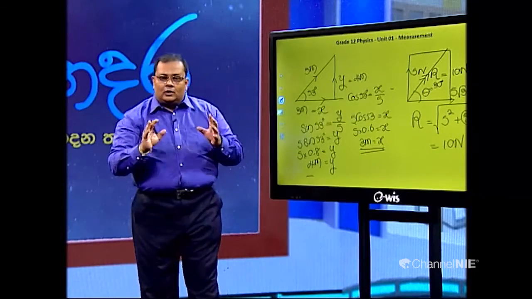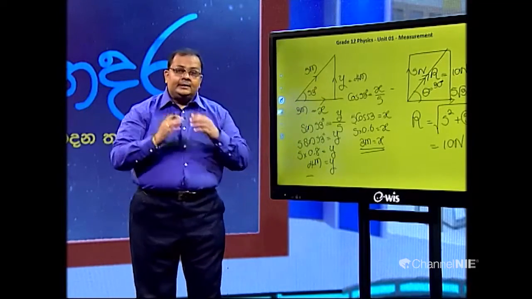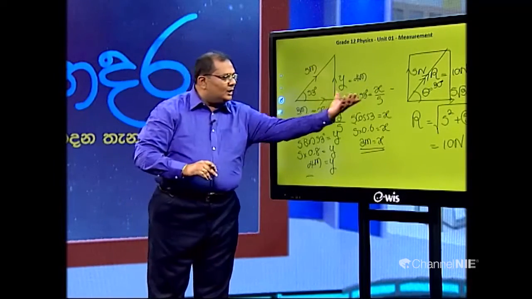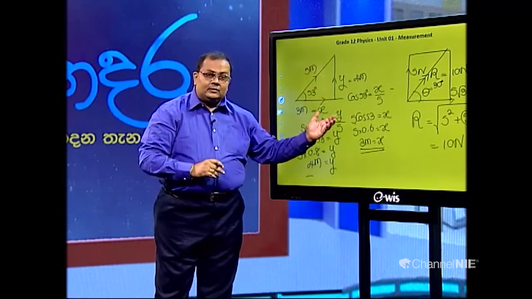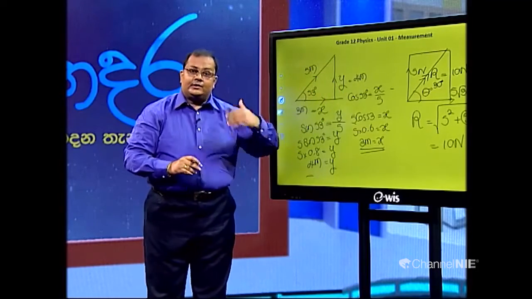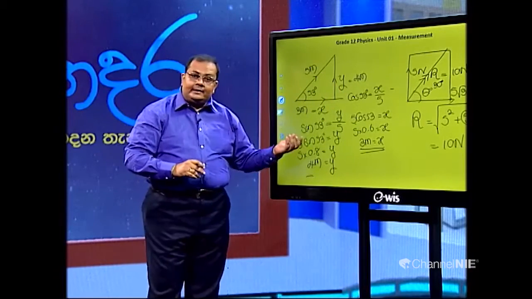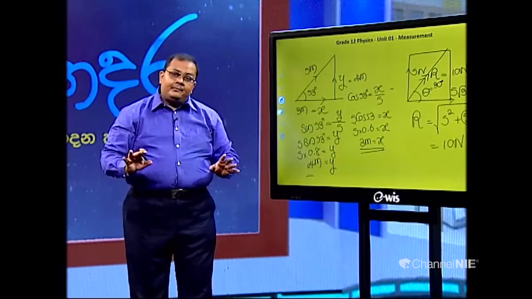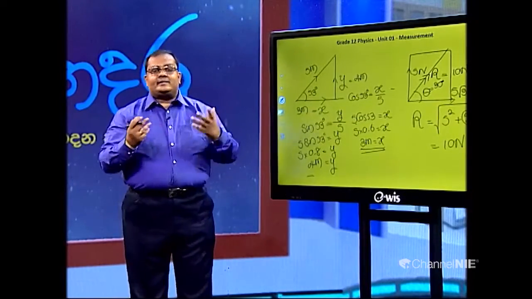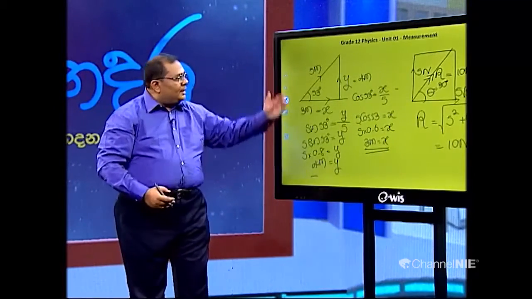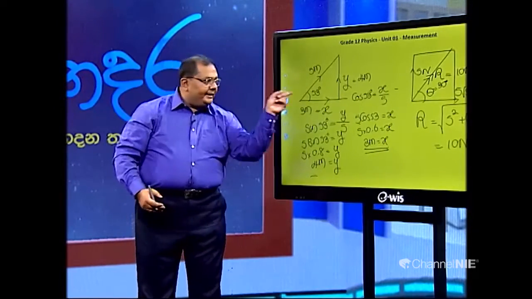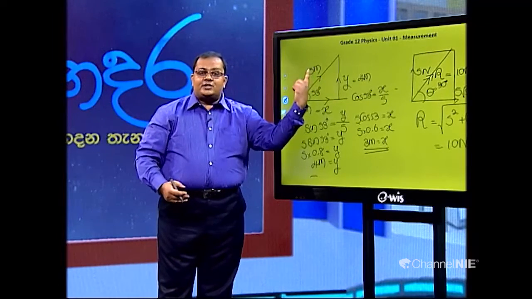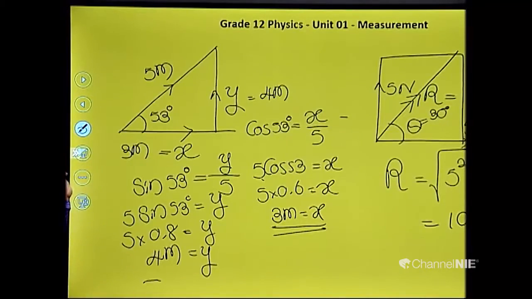But from here onwards, we are not going to write these O-level things: cos theta equals adjacent over hypotenuse, sin theta equals opposite over hypotenuse. We are not going to write those things in the A-level paper. Directly you can find x and y. How do you find that? If you want to find the opposite component, then the hypotenuse should be multiplied by sine.